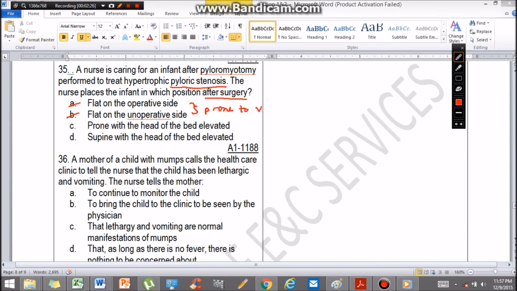This client is still prone to vomiting from pyloric stenosis. So flat will increase episodes of vomiting. And supine is the same as flat. So eliminate. The answer here is letter C. You need to elevate the head of the bed. Okay. Next.